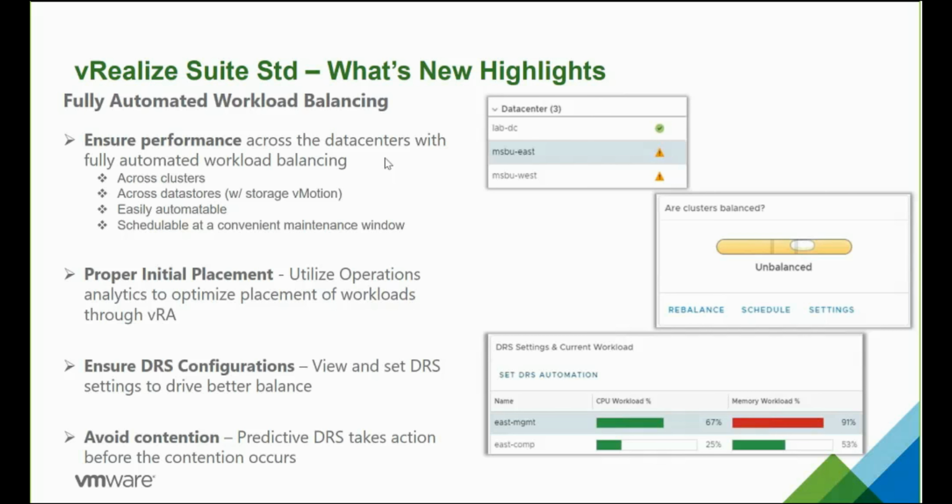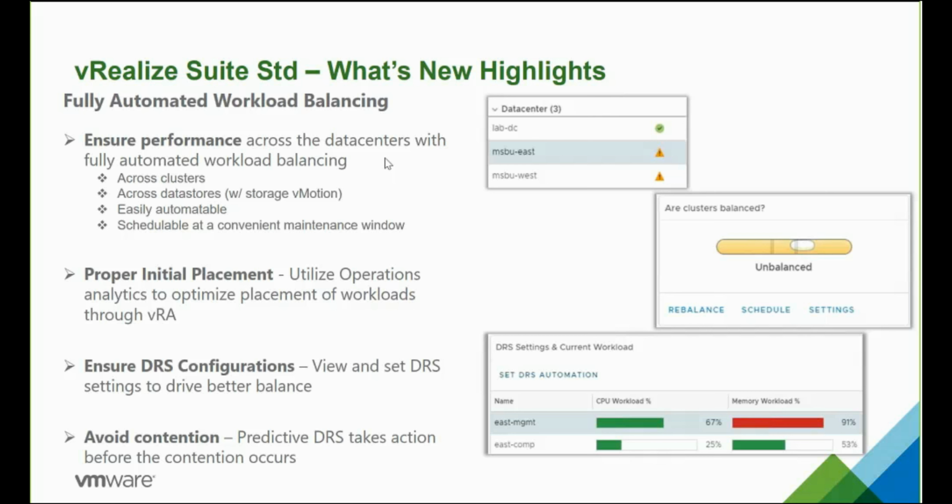If you have any other cluster in your data center which has enough resources available to cater to a contention or a demand of a virtual machine, then it will allow you to move the VMs manually or automatically across these clusters.